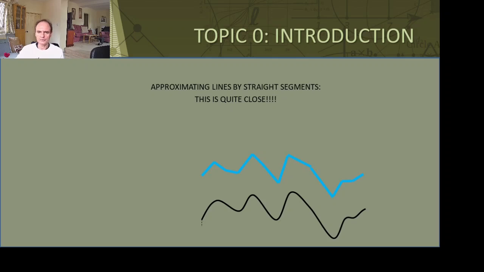So this is the idea of approximating lines by straight segments, with a method that gets us as close as we need to the actual curve. That's important. It's not just an approximation, it's a method of approximations that describes some kind of path directing us towards the actual curve we want to work with.